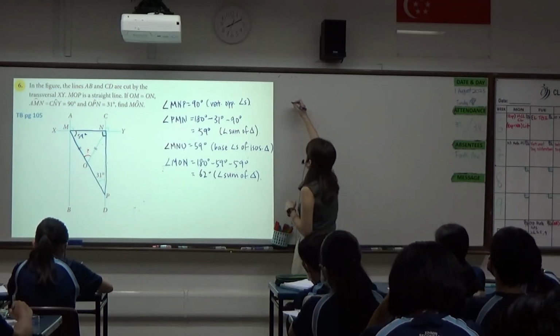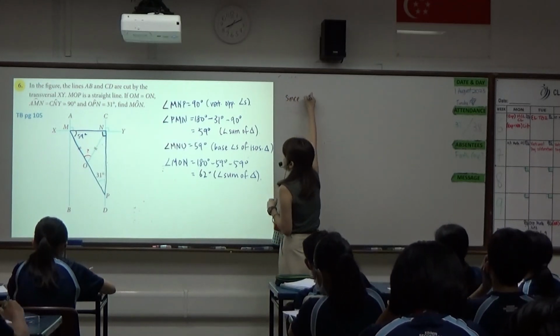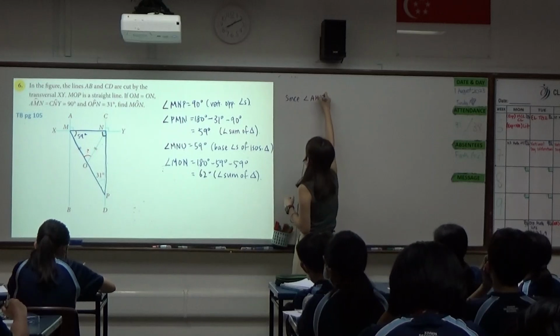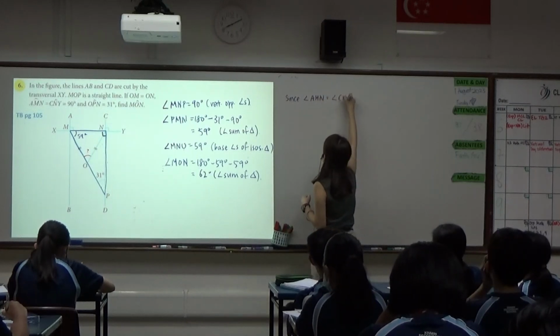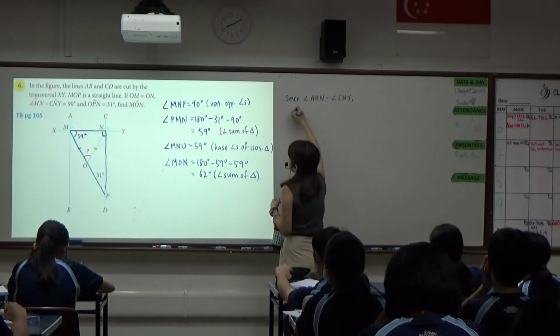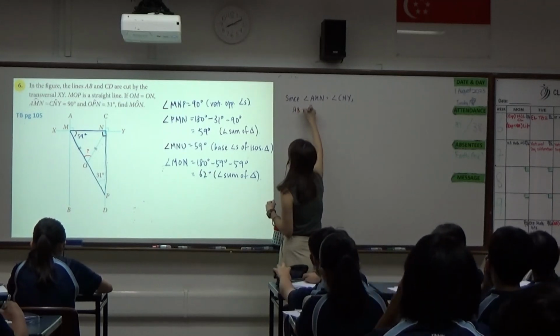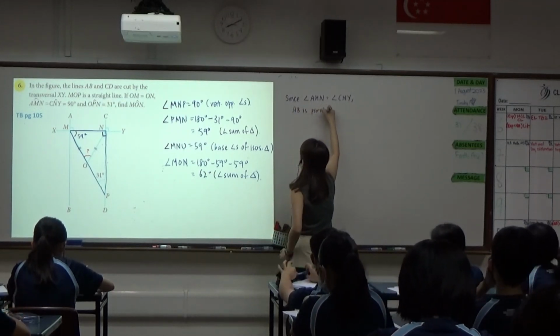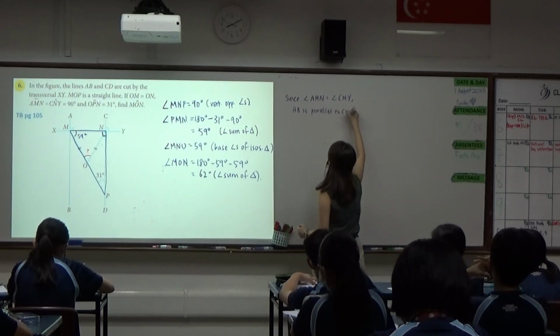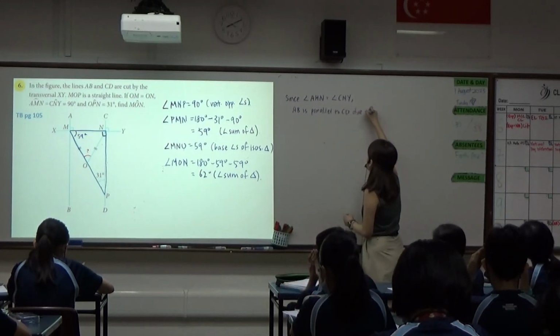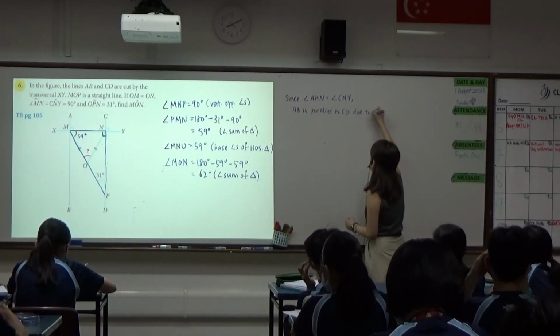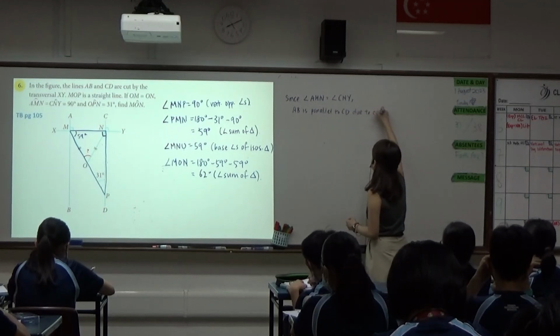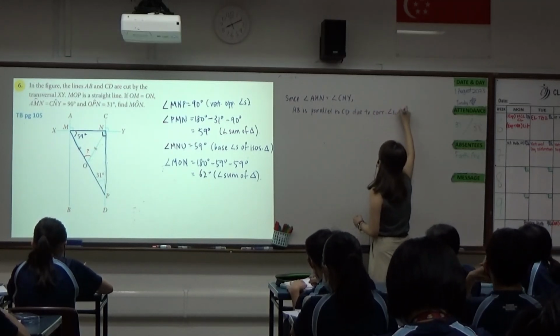Okay, hang on. So since angle AMN equals angle CNY, then AB is parallel to CD due to corresponding angles, parallel lines form.